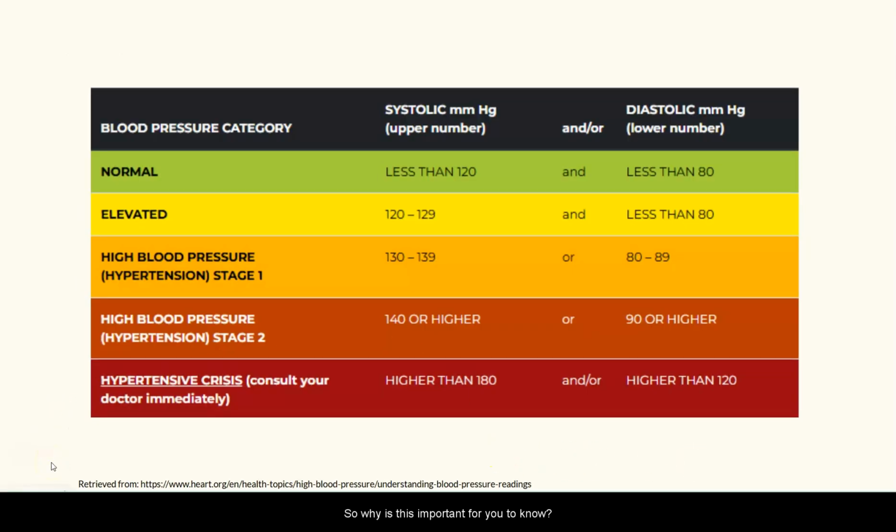So why is this important for you to know? Blood pressure measures the force of blood exerting against your arterial walls when the heart beats. And really this number, if it's high, it means your heart is working harder than it should, and over time, ultimately, this can damage the heart. And these blood pressure numbers can give you valuable information about how your client is performing.